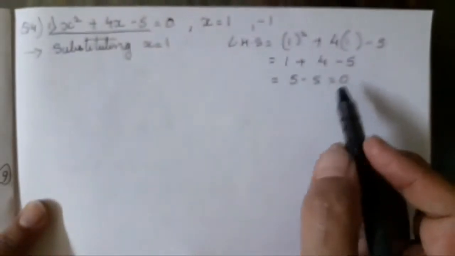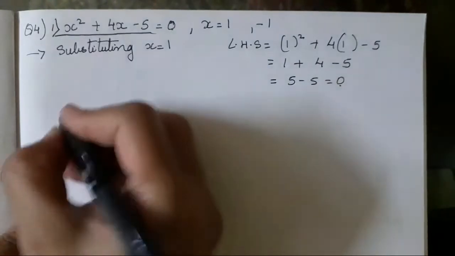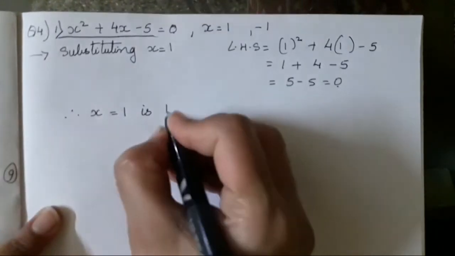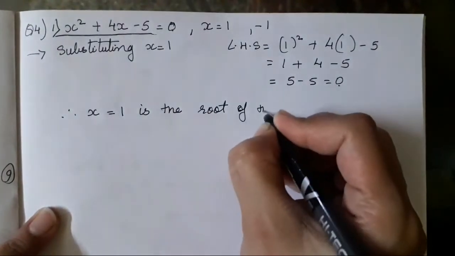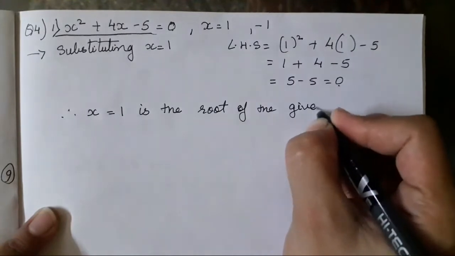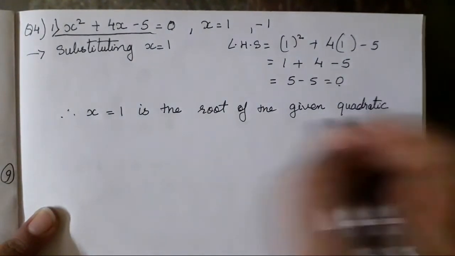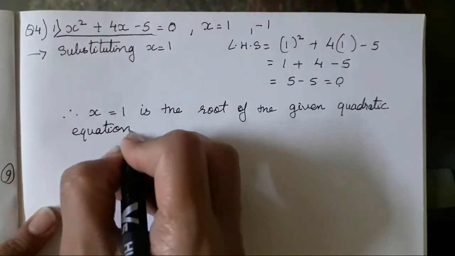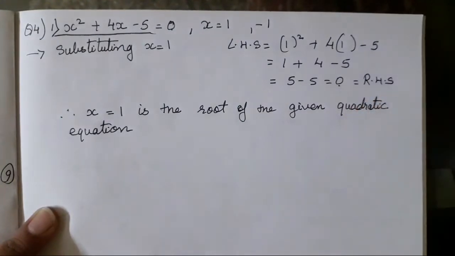Okay, so you will see we have got 0 on the left hand side, whereas on the right hand side it's already 0. So therefore x is equal to 1 is a root of the given quadratic equation. Okay, you all can write it over here, is equal to right hand side.